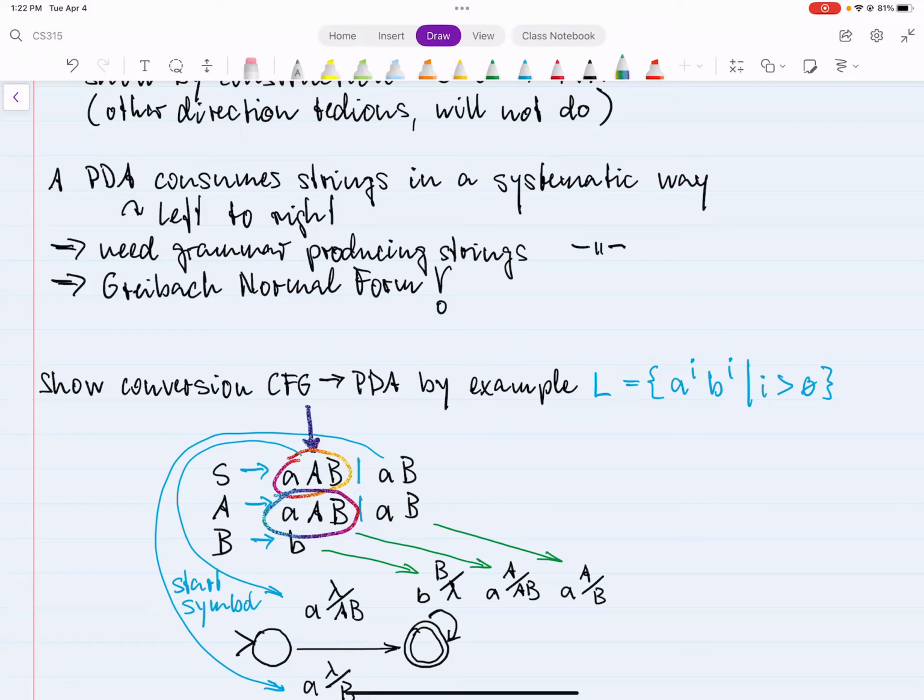Okay, it's always balanced. So we know already that the cap B can only ever go to baby b. So if you keep applying this rule, you keep putting a's to the left and b's to the right, all balanced.